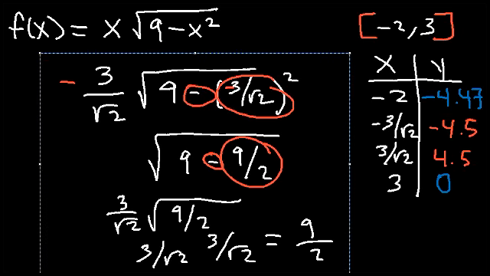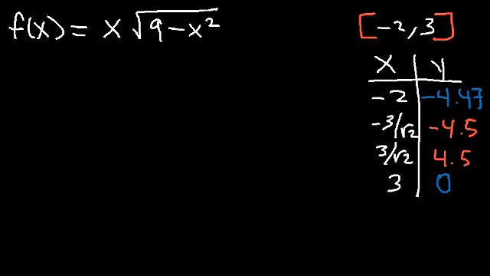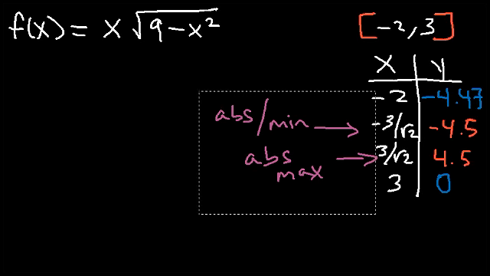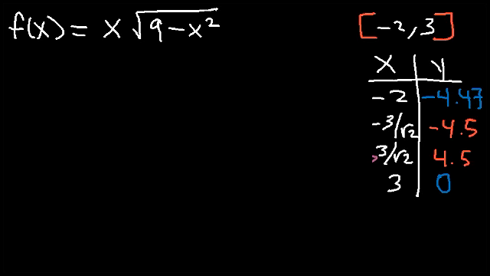So in this interval, we could see that the absolute max occurs at this point, and the absolute min is negative 3 over root 2. The graph looks like this.